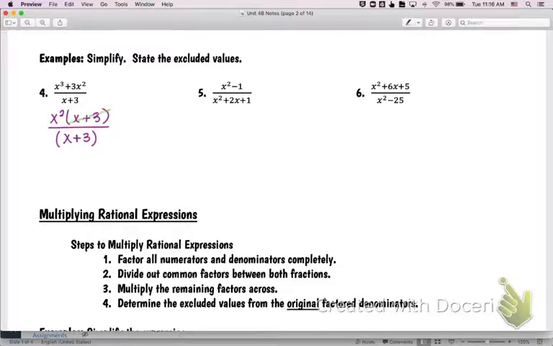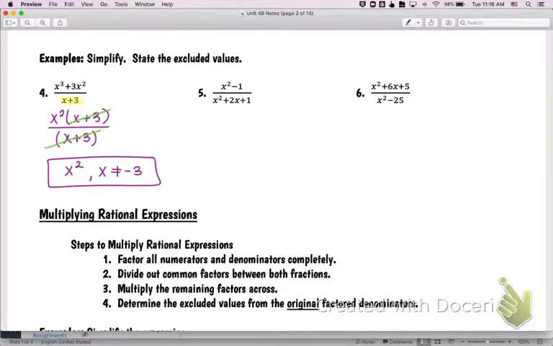This x plus 3 cancels with this entire x plus 3, and so the answer that we are left with is x squared. Now, the excluded values are, remember, anywhere that makes the denominator equal to 0. So we would want to add then that x cannot equal negative 3. That's what we get when we simplify.